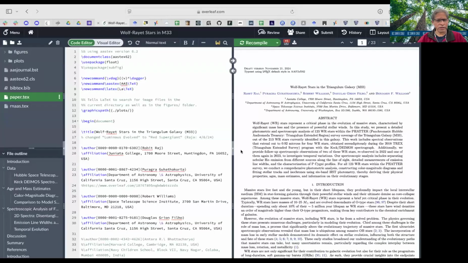Rohit's work on this project started less than a year ago, but it has really matured into the storytelling phase, how we report our findings. And we're working with some of the world's experts on these kinds of stars. Phil Massey has been a real pioneer in this field. You can see Wolf-Rayet stars in the Triangulum galaxy. This is the title of the paper.